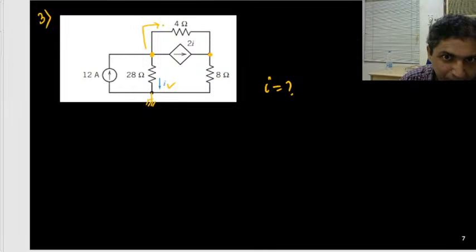Anyone? Can you find the current through the 4 ohm resistance? That will be in terms of some constant value or small I. Who can calculate?